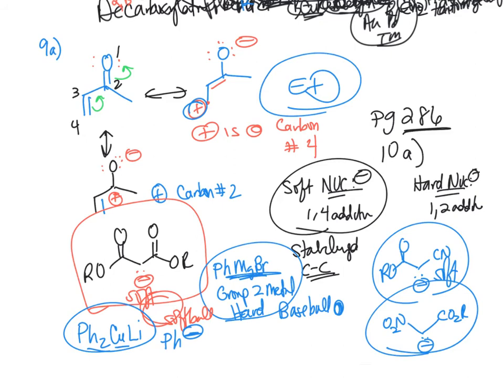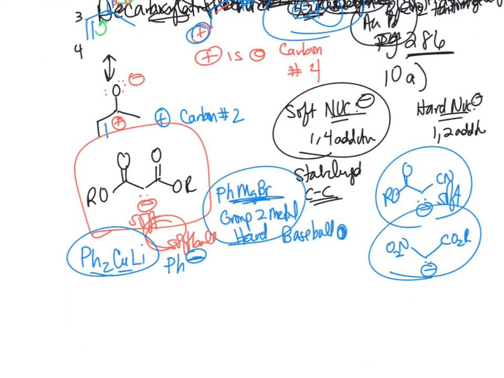Nucleophiles, so 10B, you circle. Yes, so nucleophiles donate electrons. The nucleophile would act as the Michael donor. Okay, so the 1,4 is an acceptor.